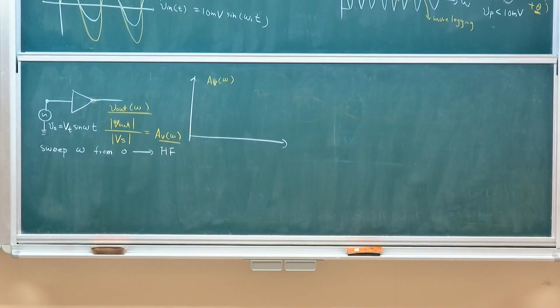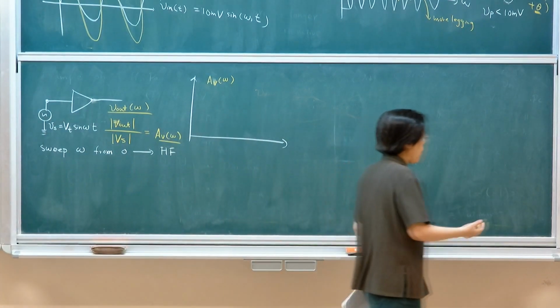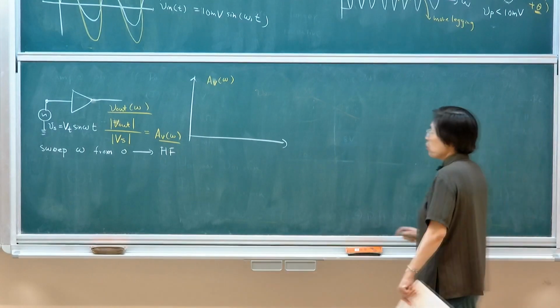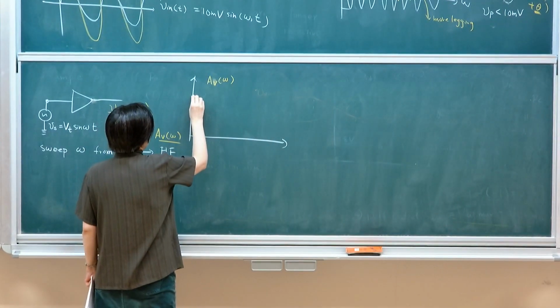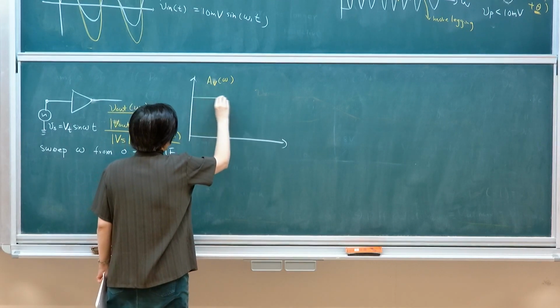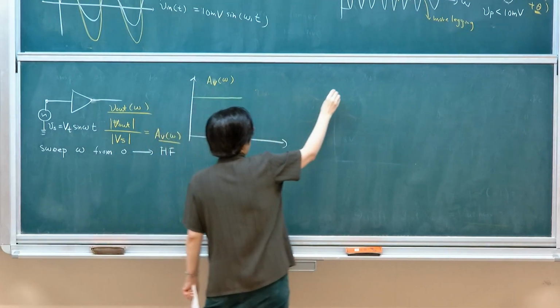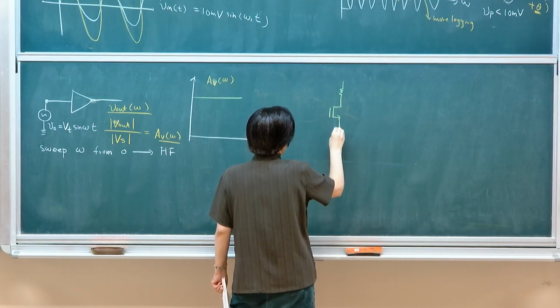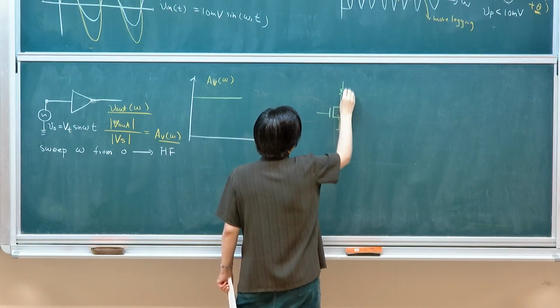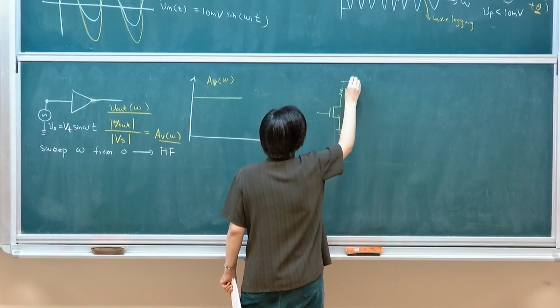So in typical circuits, if you have simply, for example, a common source amplifier with capacitive loading, it would typically look something like this. Let's say I'm just saying that I have a typical common source amplifier like this.